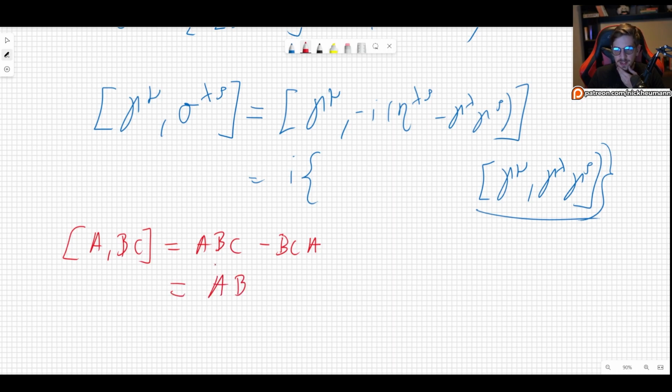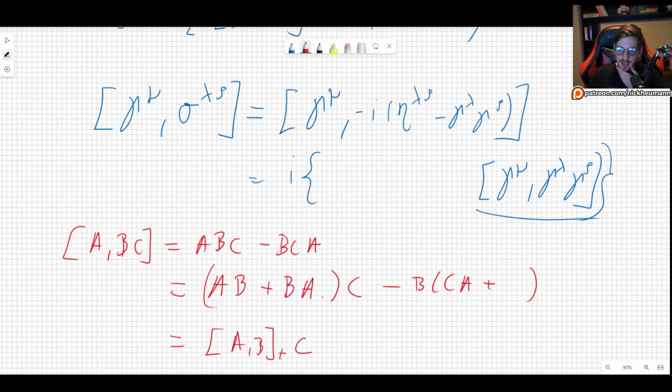We can say AB and then leave some space plus something, and then times C, and then minus B times CA plus something. And if we want this to be the anti-commutator of A comma B times C, we need to here include BA.